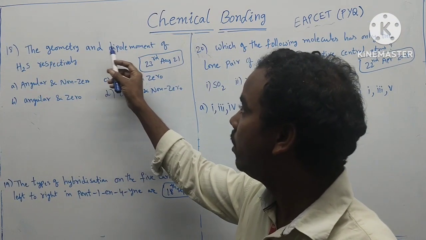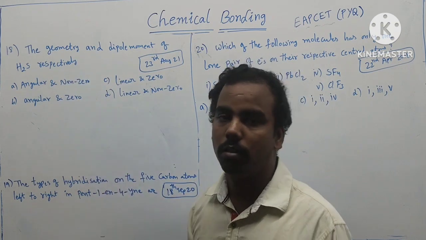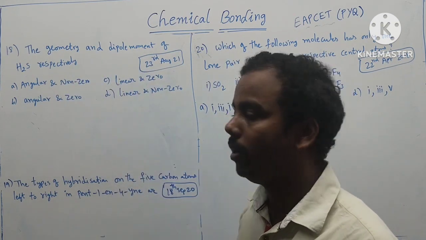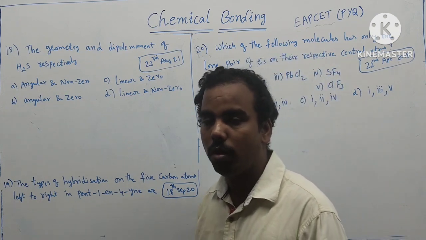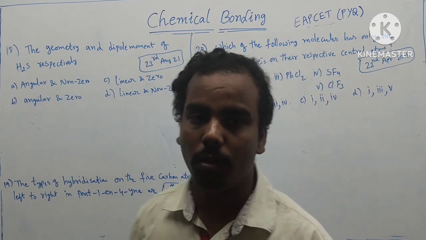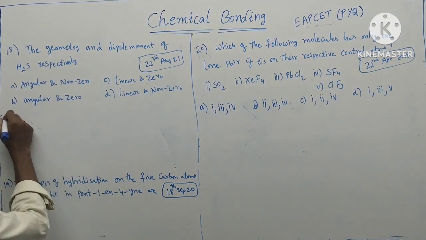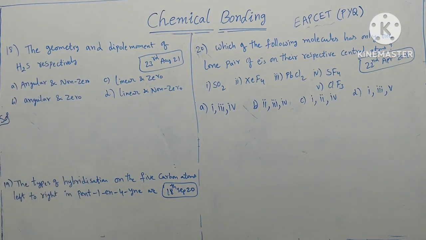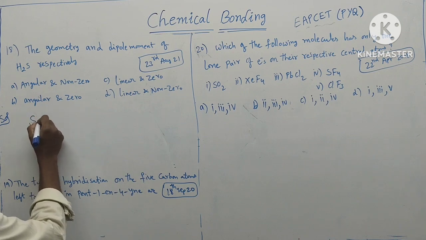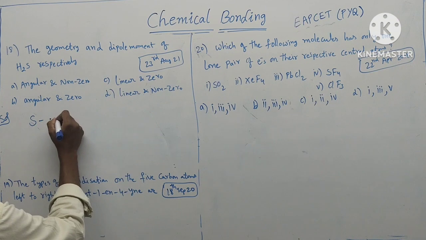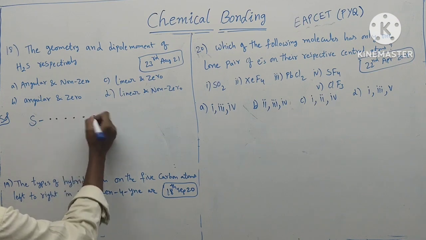The geometry and dipole moment of H2S respectively. Geometry means shape of the molecule and dipole moment is either non-zero or zero. Mu is equal to 0 or non-zero. So first, the geometry of H2S. Sulfur, how many valence electrons? Sulfur is 6th group, 1, 2, 3, 4, 5, 6.